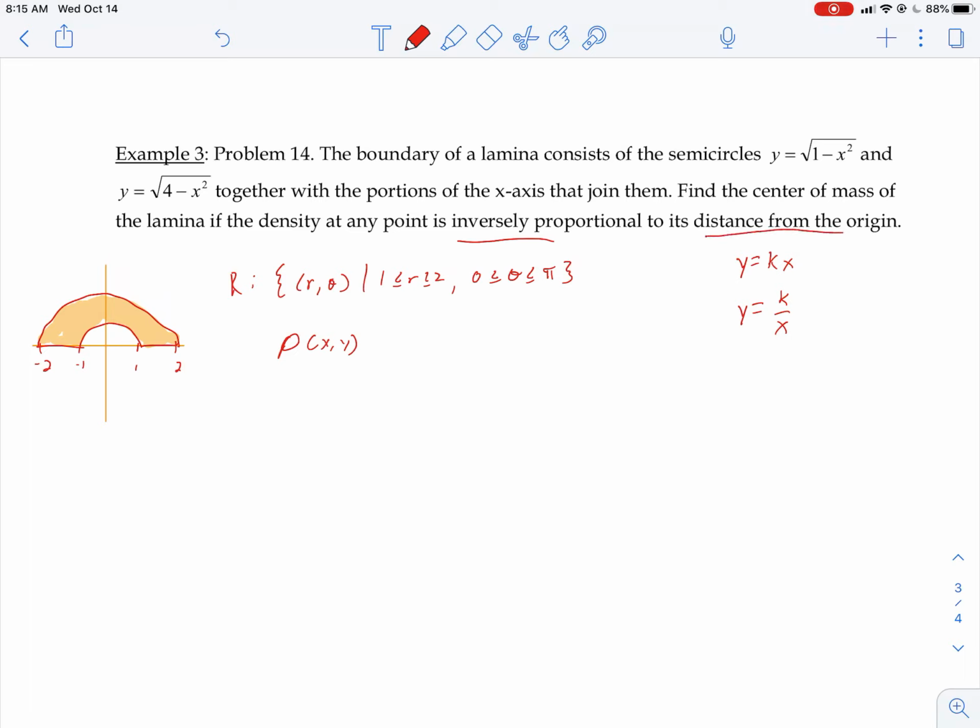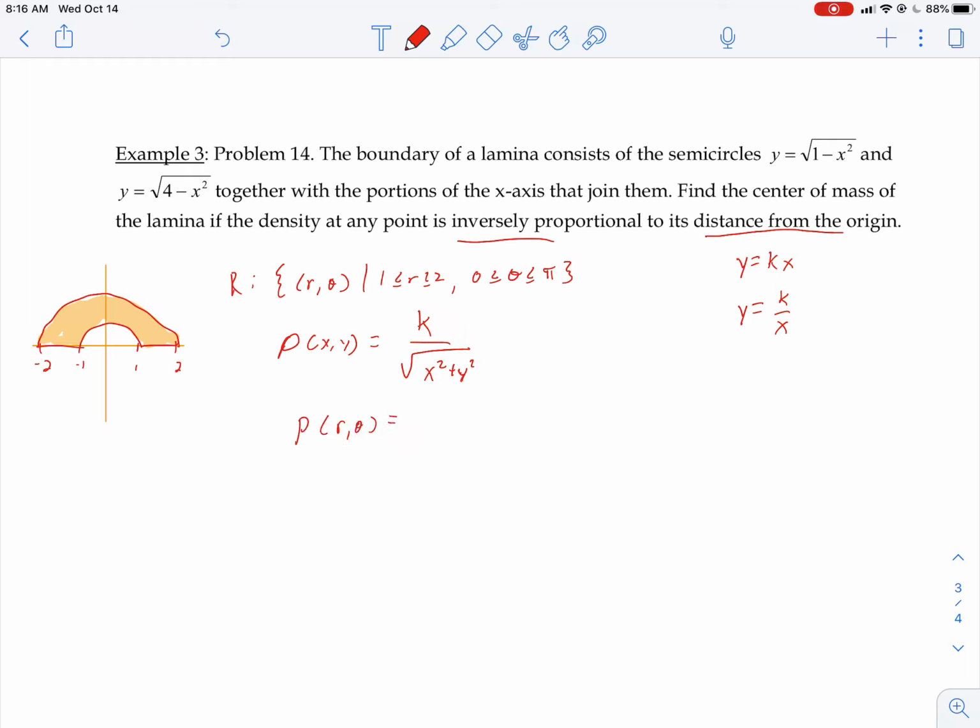In this case, it's divided by our independent variables x, y. So this is the distance from the origin. Because we're dealing with a circle, the distance from the origin is really the radius, and since this is inversely proportional, it's going to be k over the square root of x squared plus y squared, because that gives us the radius of our circle, the distance from the origin.